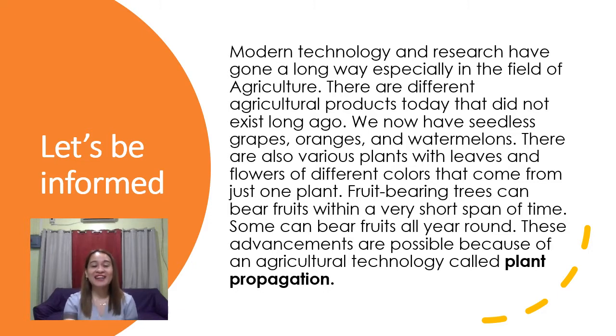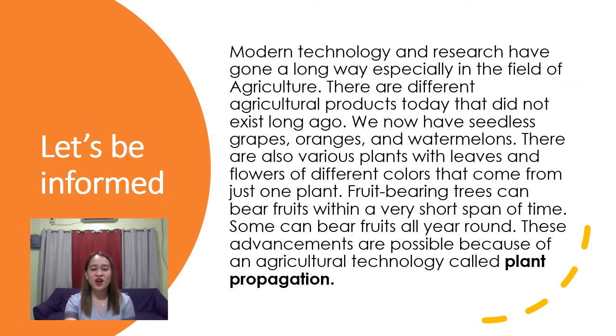But before that, let's be informed. Modern technology and research have gone a long way, especially in the field of agriculture. There are different agricultural products today that did not exist long ago. We now have seedless grapes, oranges, and watermelons.